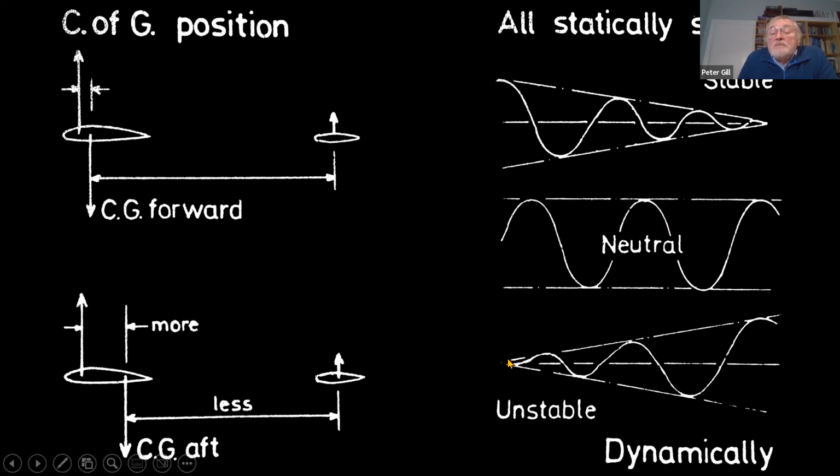Some gliders, though, if you slow it down a bit and then let go, it will increase and fly faster, then it will decrease, but it will decrease more each time and then increase more each time. I'm sure some of you know this, that one of our regular training gliders shows this. And that's K13.